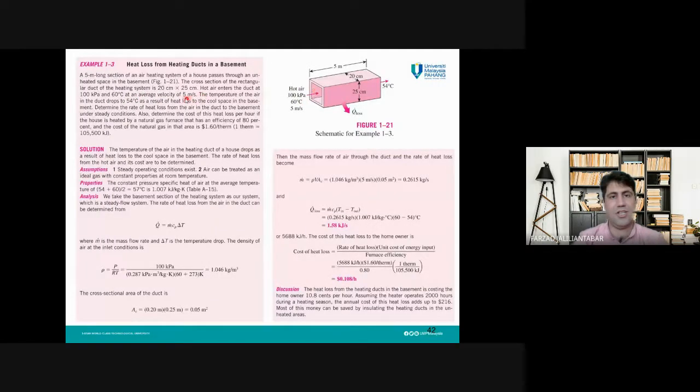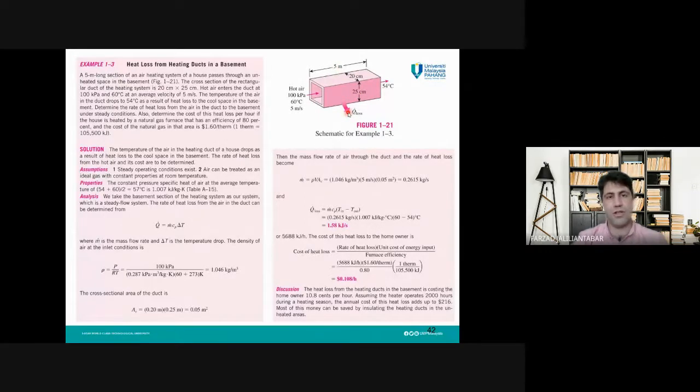We know the velocity of the air in this duct, and we know its initial temperature and initial pressure. The temperature of the air in the duct drops to 54 degrees Celsius as a result of the heat loss to the cool space in the basement. As I said, this is a heating system, so heat is transferred from the hot air to the cooler air surrounding this duct.